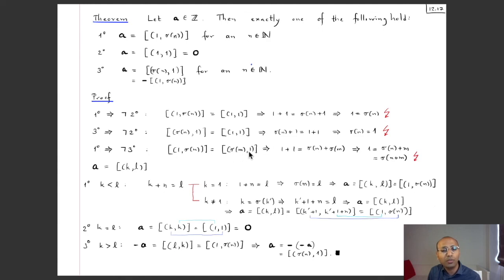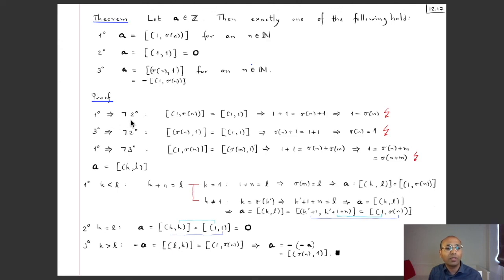So 1 plus 1 is sigma n plus sigma m. Now this sigma m is m plus 1. So one of the ones cancel, leaving 1 is equal to sigma n plus m. But by the definition of addition, this is sigma of n plus m. Okay, so you have got again that 1 is the successor of some natural number, which is of course not true. And so 3 cannot hold. So this means that if 1 holds, then 3 does not hold.